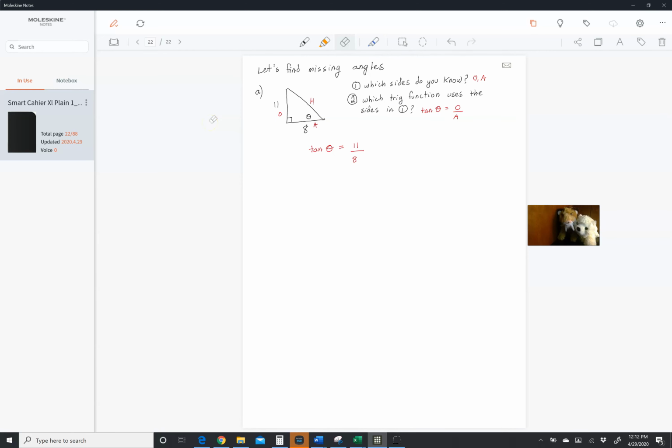You're familiar with the notation, right? It's read as tangent inverse of theta instead of tangent of theta. Okay.